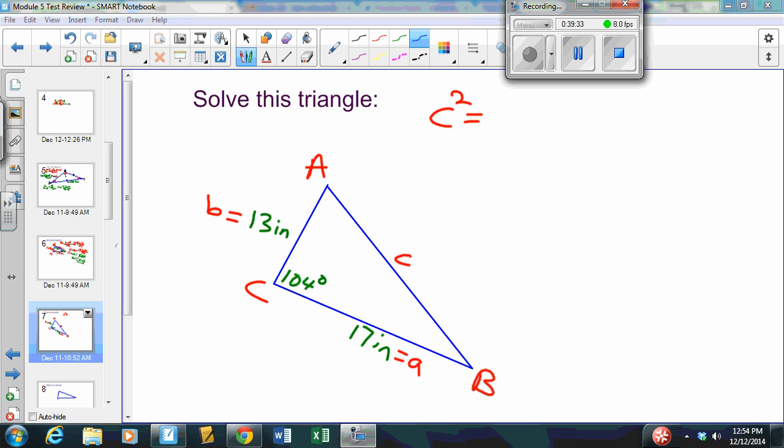Okay, here we go. I don't really care which side is B and which is A, because if I'm looking for C squared using the law of cosines, I just need these other two sides. It doesn't matter what order they're in.